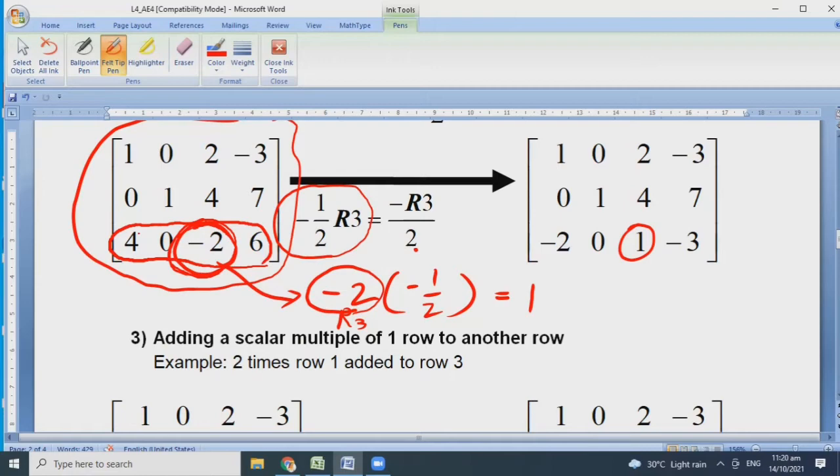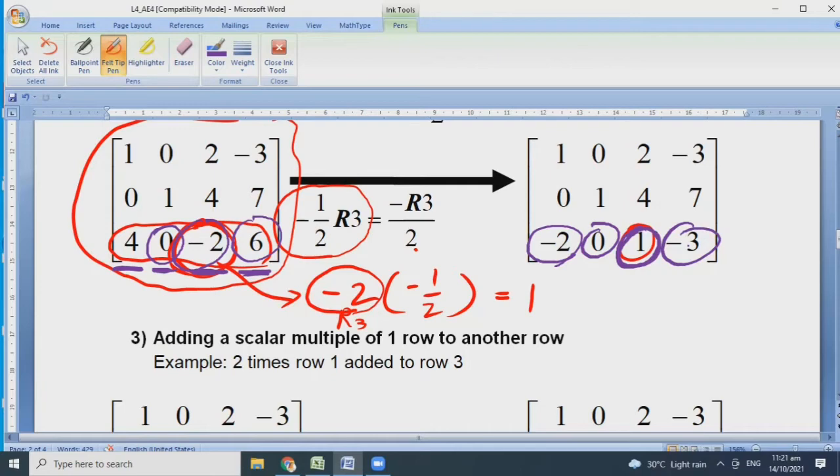So it means the 4, the 0, the negative 2, then 6, you will multiply all of them by negative 1/2. For example, 4 times negative 1/2 is negative 2. 0 times negative 1/2 is still 0. Then negative 2 times negative 1/2, it became 1. This is our target. Then 6 times negative 1/2 is negative 3.